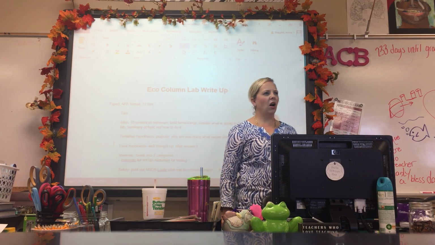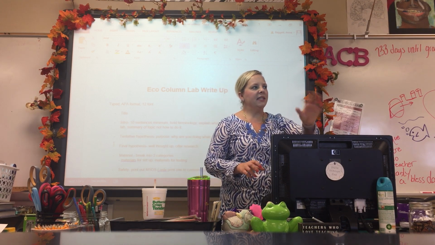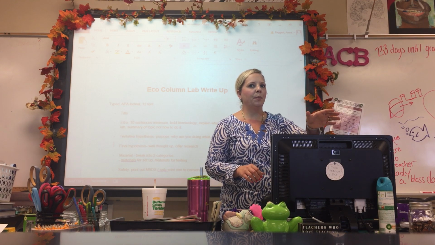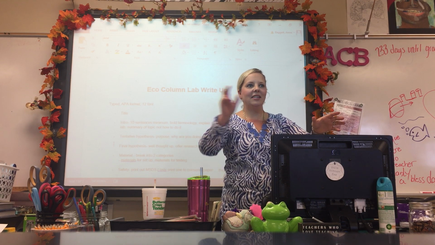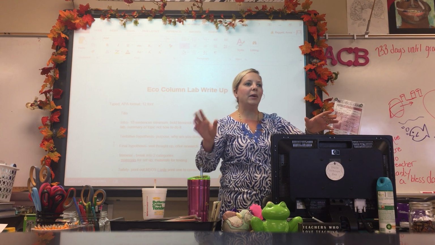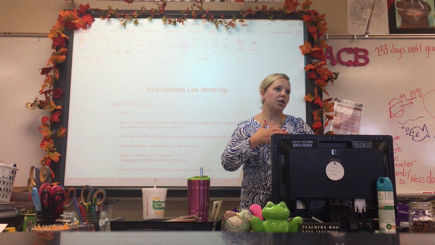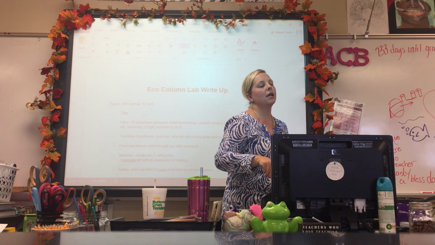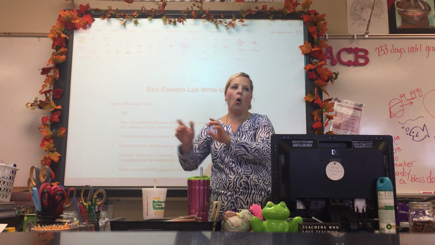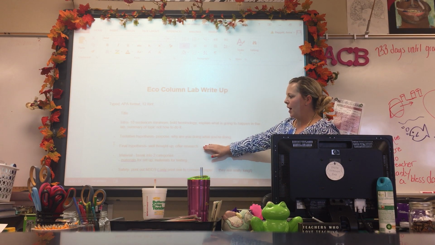Well, what really is causing the stability of it? In your hypothesis, the if side has the independent variable, and the then side has the what? Say it loud, guys. Dependent variable. So if I build my eco column so that all biogeochemical cycles are functioning, then all organisms in my eco column will survive. So that's a good hypothesis, that's your final.